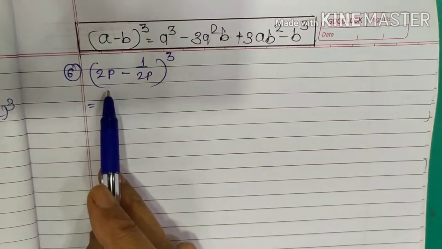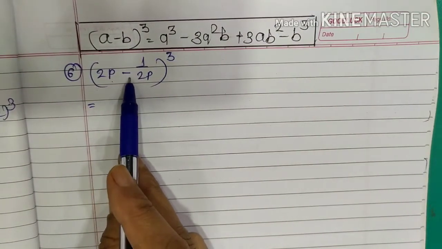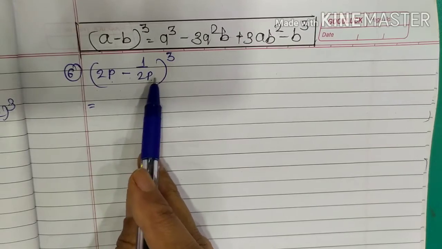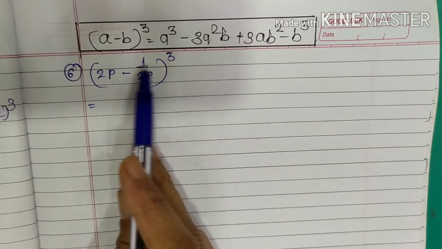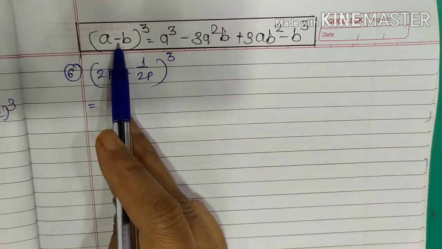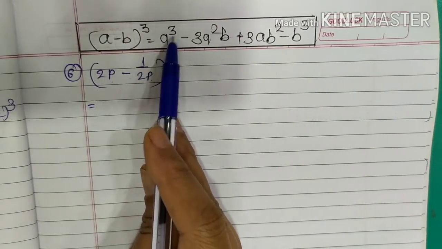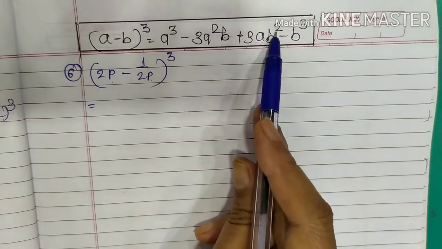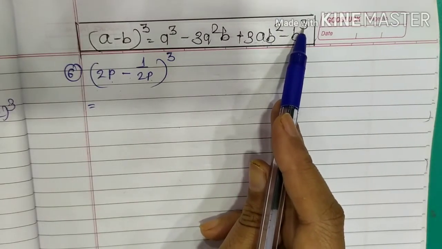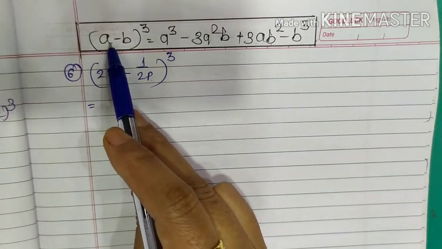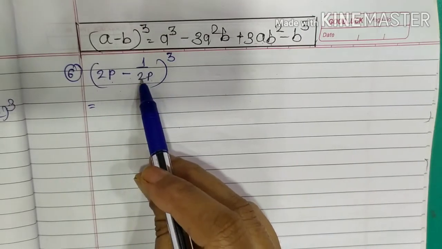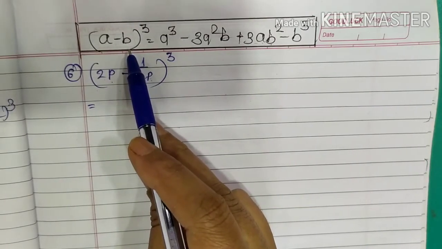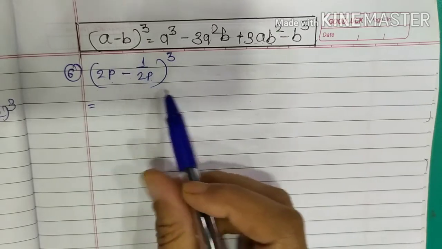Example number 6. (2p minus 1 upon 2p) cube. So again we use this formula. (a minus b) cube is equal to a cube minus 3a square b plus 3ab square minus b cube. 2p is the a and 1 upon 2p is the b. Let's expand.